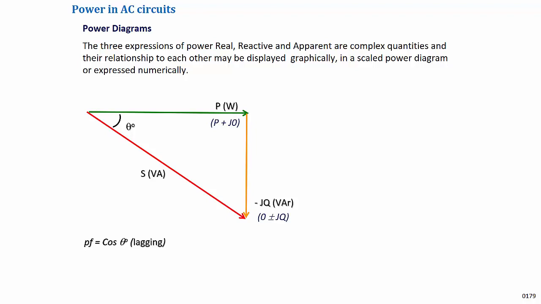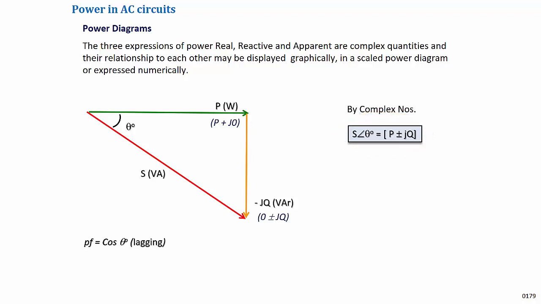The angle from the real power P to the apparent power S is the phase angle, and the cosine of the phase angle is the power factor of the system. Using complex numbers, apparent power S angle theta equals the real power P plus the reactive power jQ.